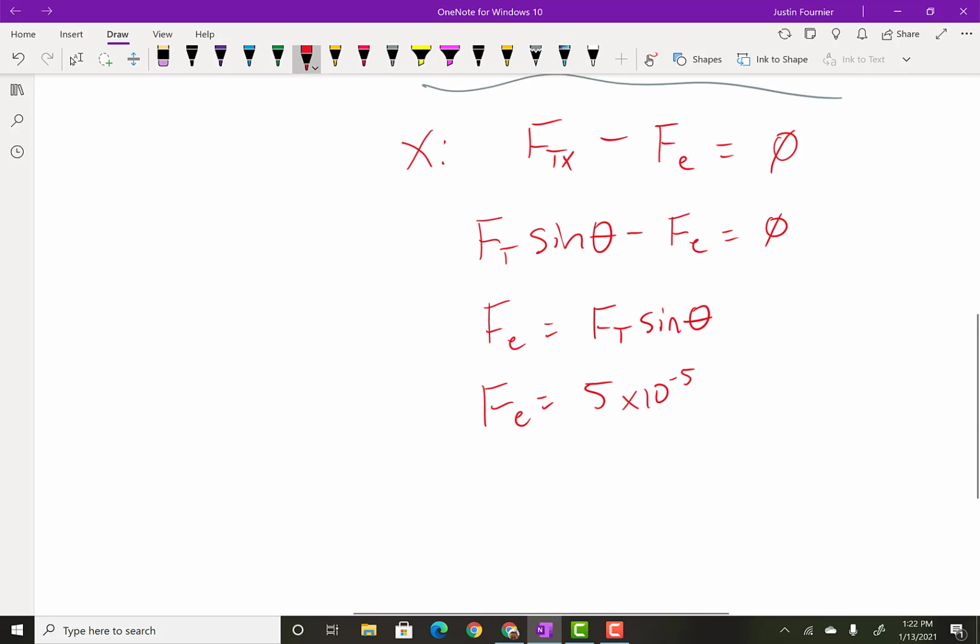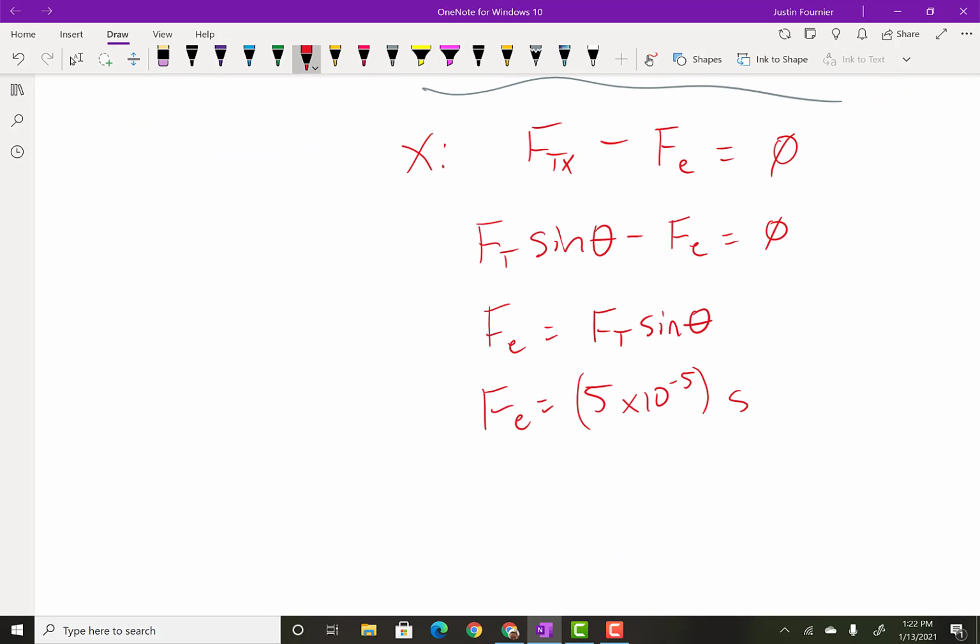Is that what I had? Yeah. And then times sine of theta, so it's sine of 37. So this is going to be 3 times 10 to the negative 5.